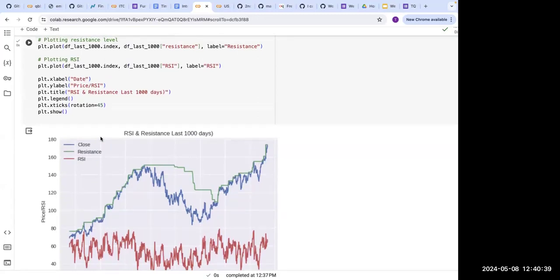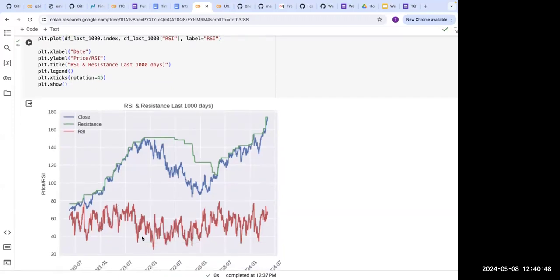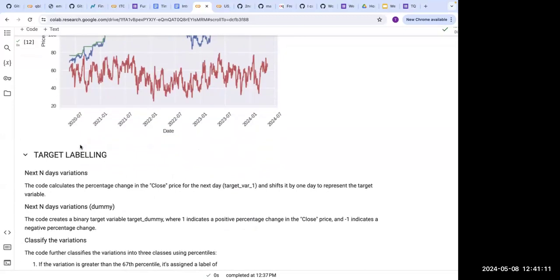And if I see resistance being crossed and RSI still being in the 50s or below, then I should buy the stock because it's not currently overbought, but it has crossed this resistance. So I should take the move and buy the stock because RSI would eventually increase, and all other traders would also buy. So you can make those if conditions and try to see if you are making profit.